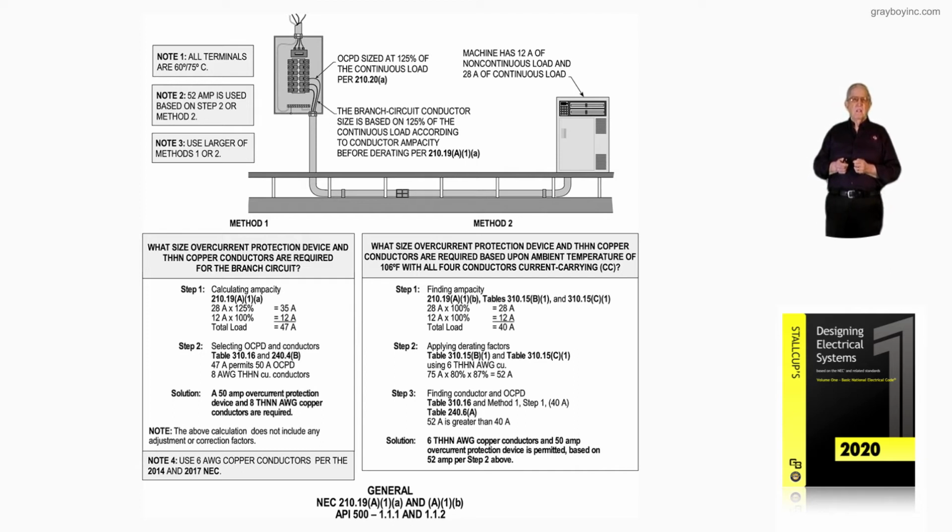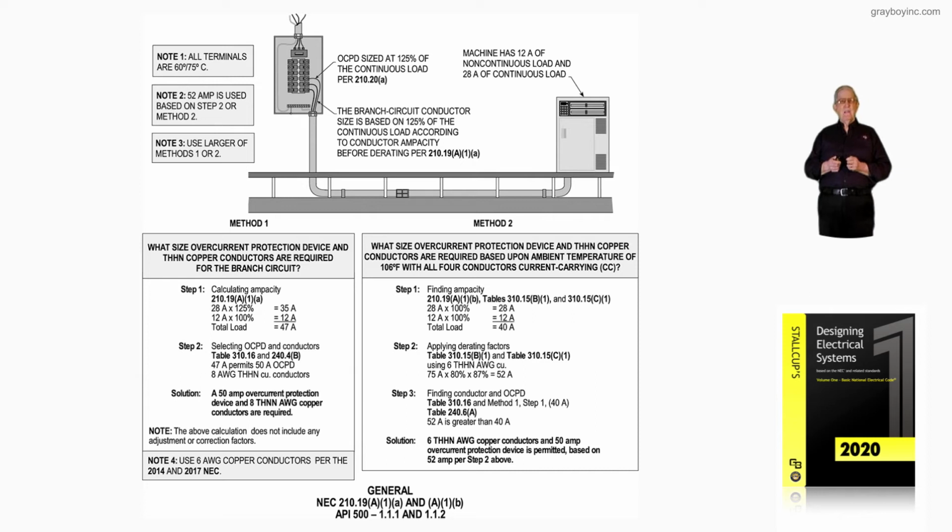Now method 2, we're taking the 100% rule based upon adjustment and correction factors. And to do the math, we're coming up here with 100% loading, which is 193.